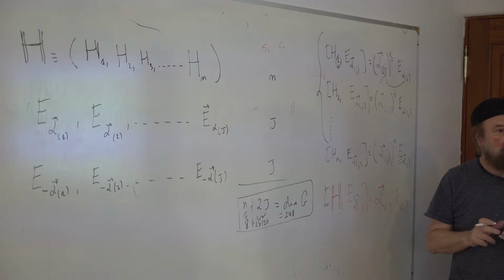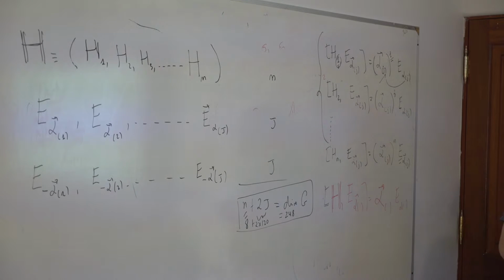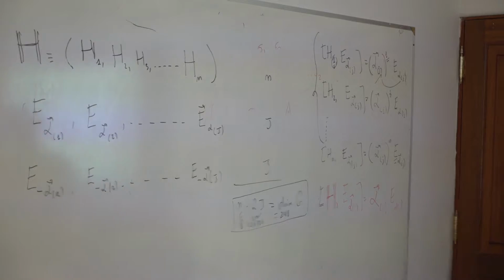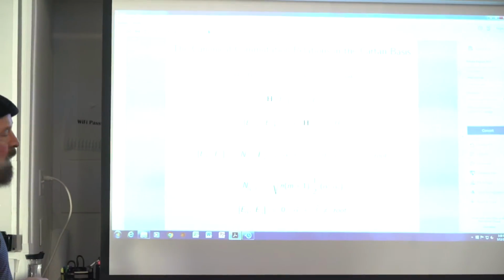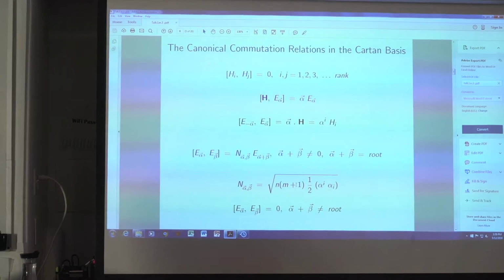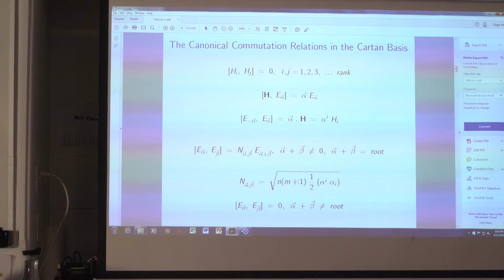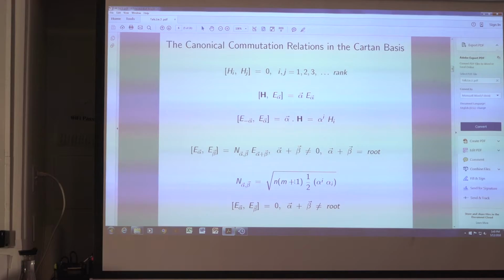It's more like a tensor product, 8-dimensional. You have 8 equations and you write it vectorially.